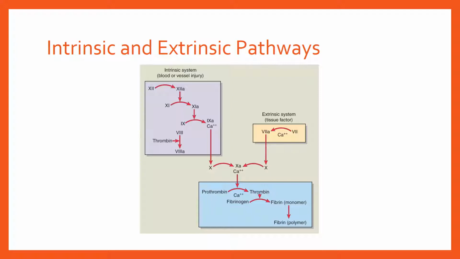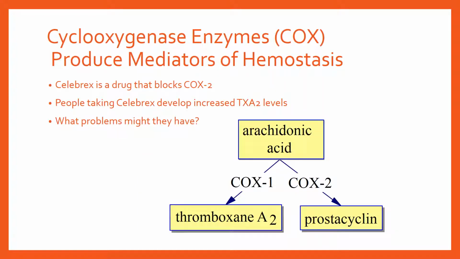You see how certain factors, like factor 12, turn into factor 12A, which stimulates factor 11, which turns into 11A, and eventually this may result in formation of fibrin from fibrinogen. These are the steps; it's like a cascade, like a waterfall with steps, as you know. At every step the factors drop down, initiating the next.